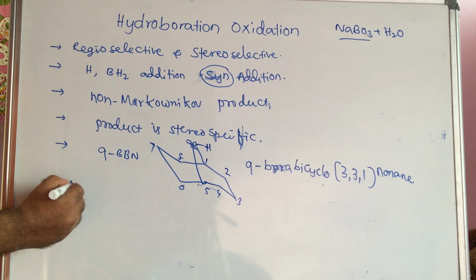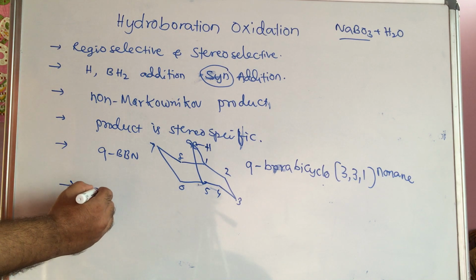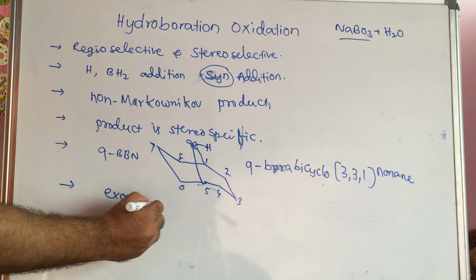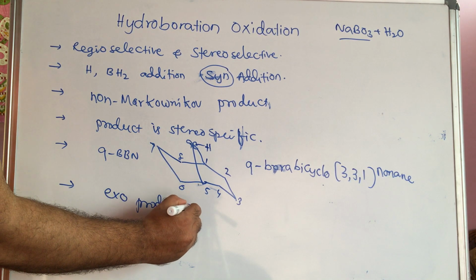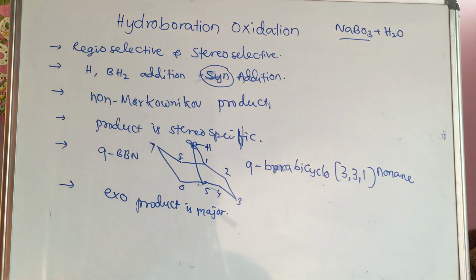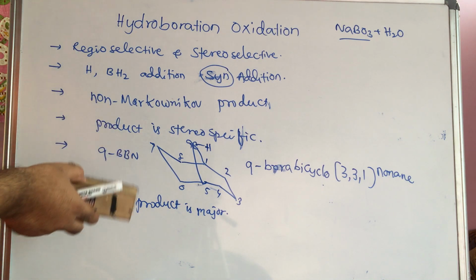And the next important one: if cyclic compounds are there, then the exo product is major. So these are the important points of hydroboration oxidation.